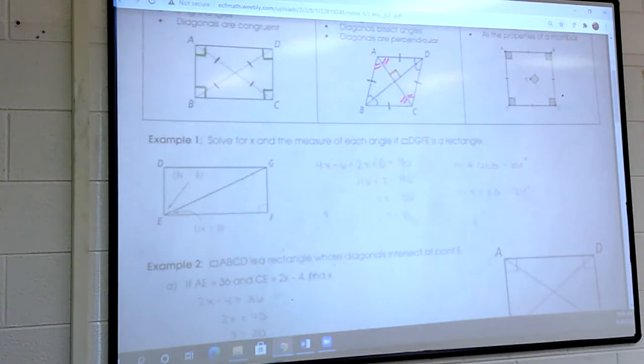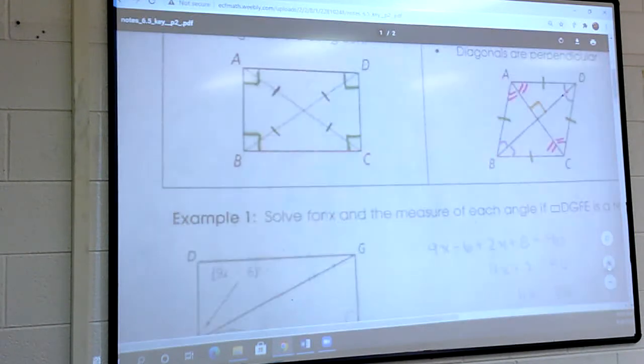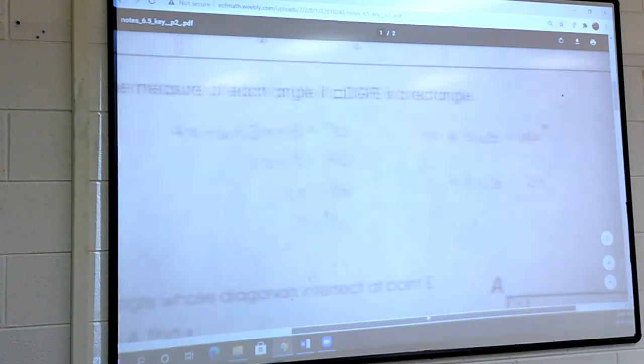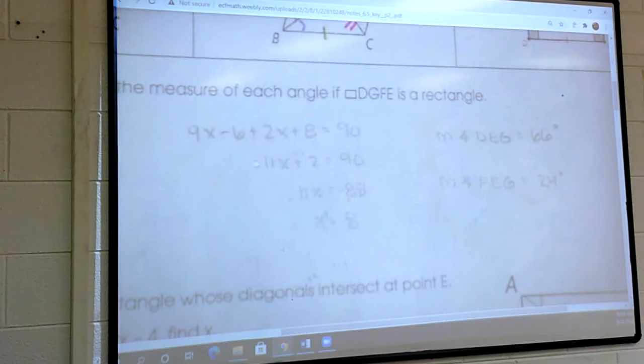If you look at example 1, I can zoom in a little bit. On example 1, we know both of these 2 have to add up to 90. So we're going to say 9x minus 6 plus 2x plus 8 is equal to 90. We add them up and make sure they are equal to 90.